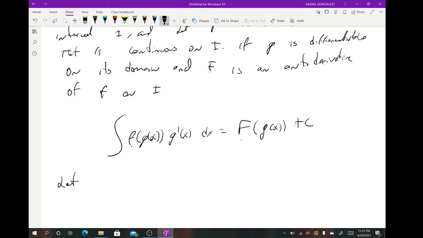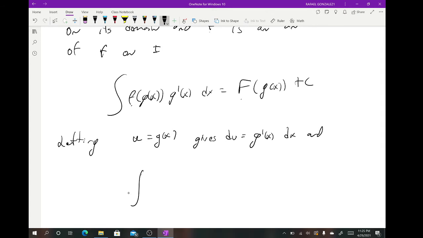Now if you let this variable u be equal to g of x, then this gives us du being equal to g prime of x dx, and then we can rewrite this integral using our substitutions.